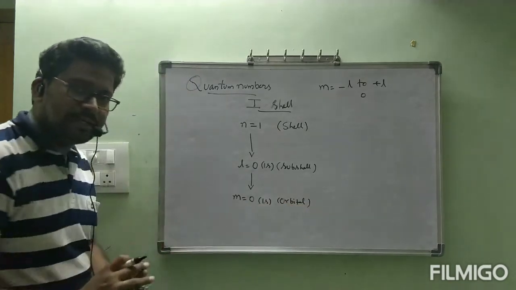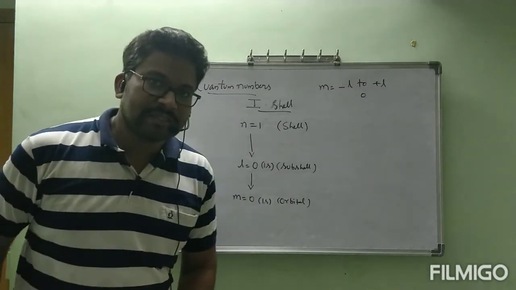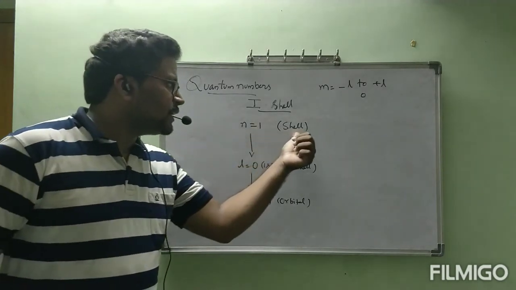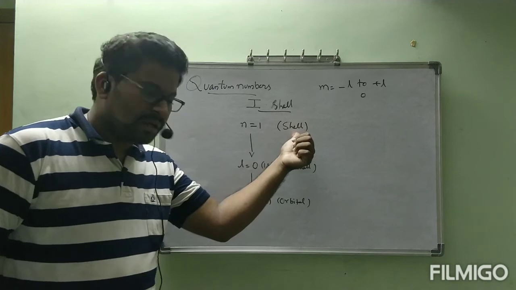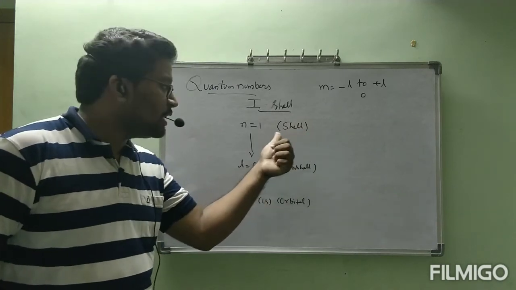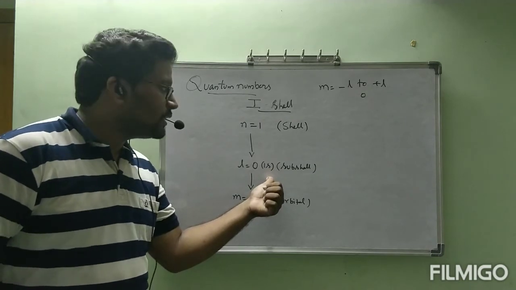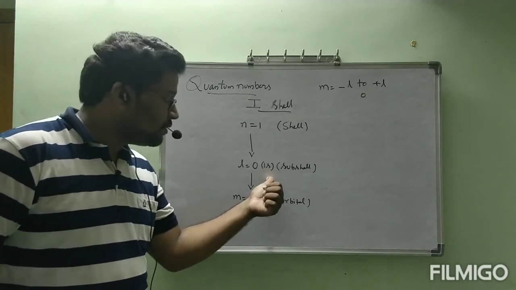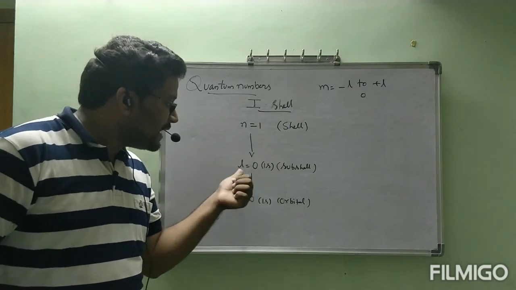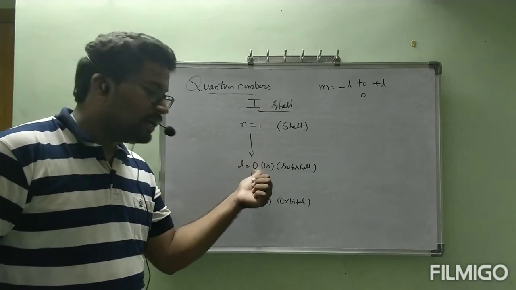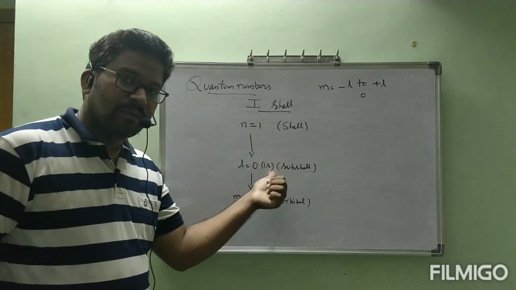Now I will give clarity. Observe the sequence, all of you. n is equal to 1 main shell has one subshell with l value 0, named 1s.